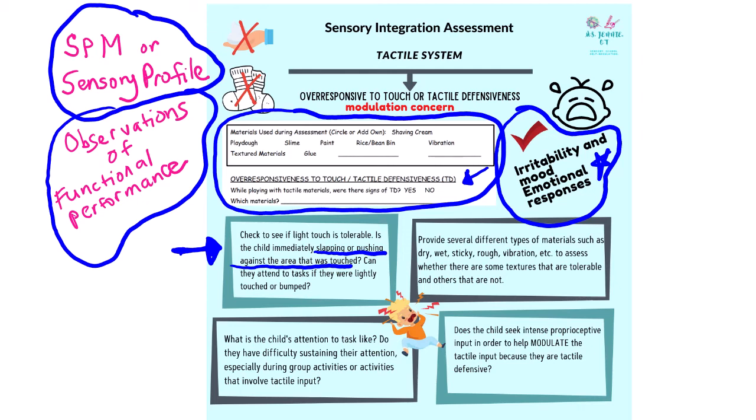When you're tactilely defensive, any sort of tactile input, whether it be the wind, something on your feet, or something in your hands, is noxious to them. So they tend to be a little more emotional or irritable because of that. They're trying to control their environment so that their nervous system feels the best that it can.